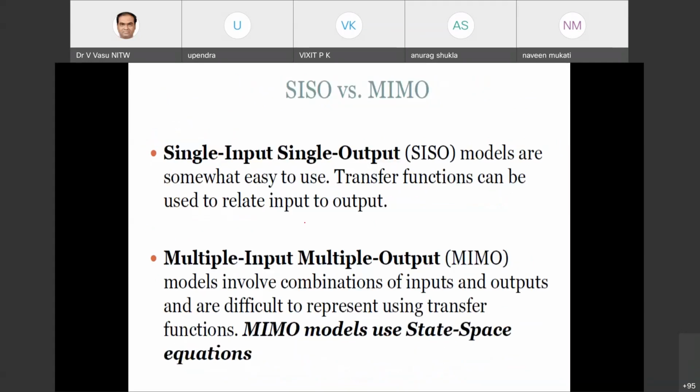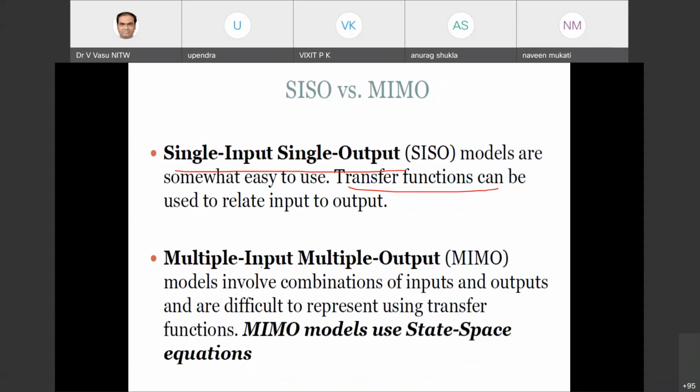Similarly, there are single input single output and multiple input multiple output techniques. Where we have a single input and single output, the transfer function technique is mainly used. With one proper input and one proper output, we can get the relationship between them using a transfer function and analyze it.